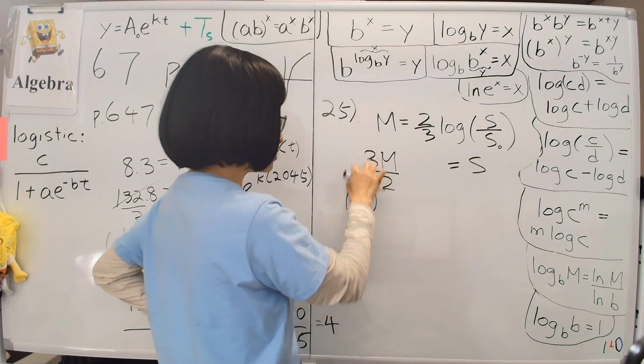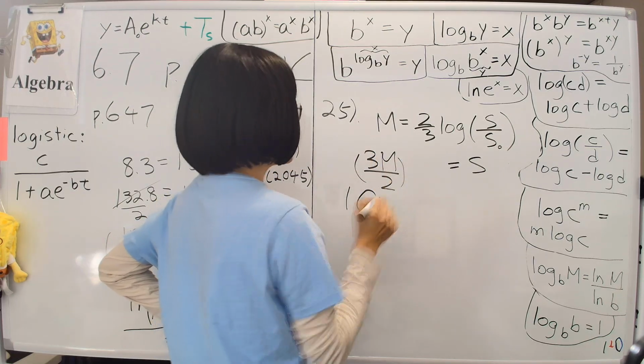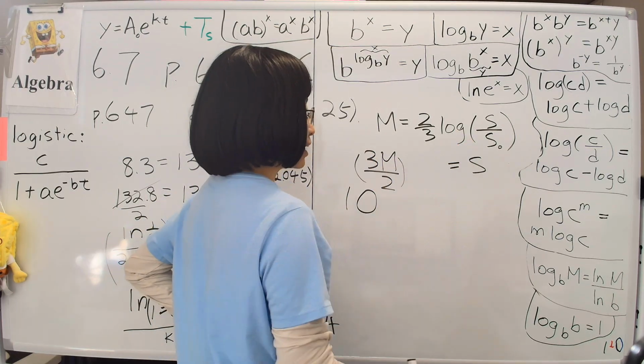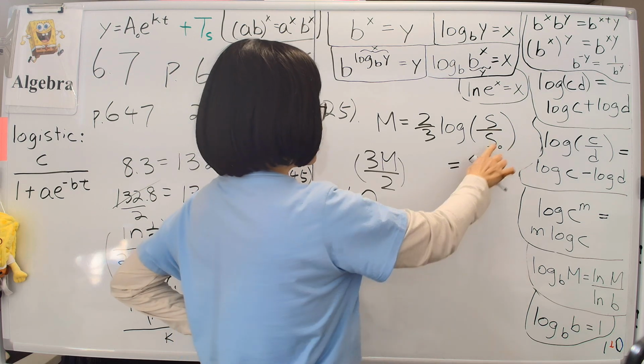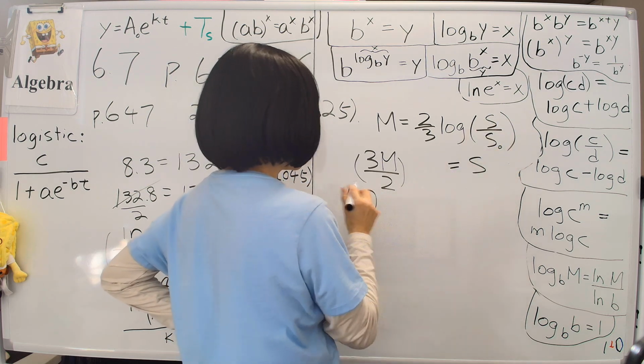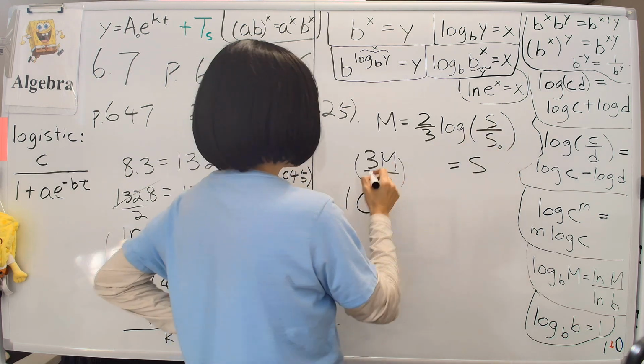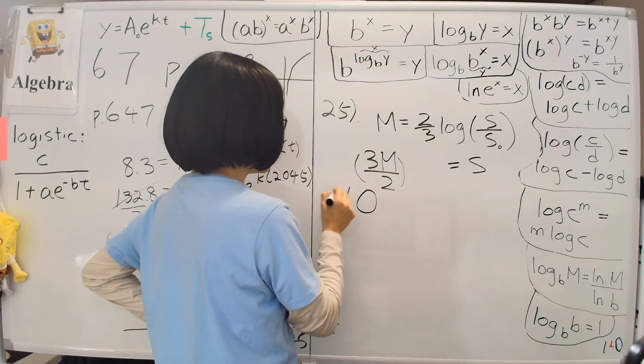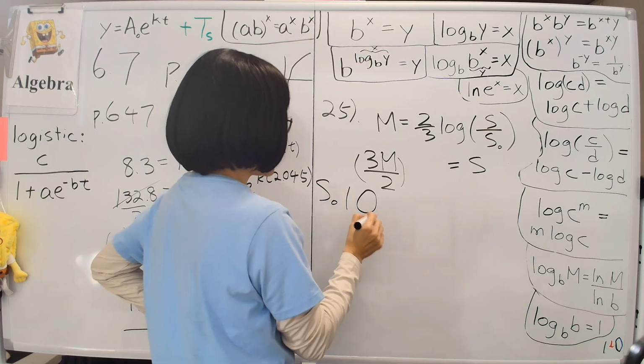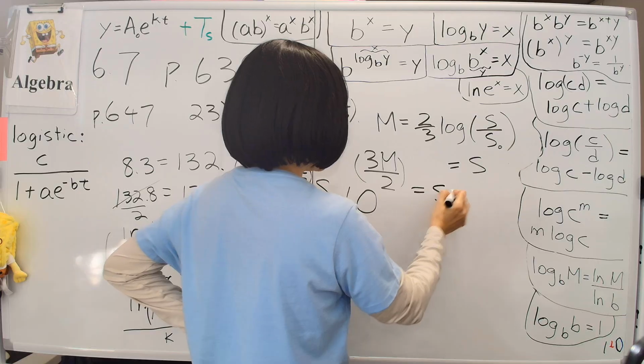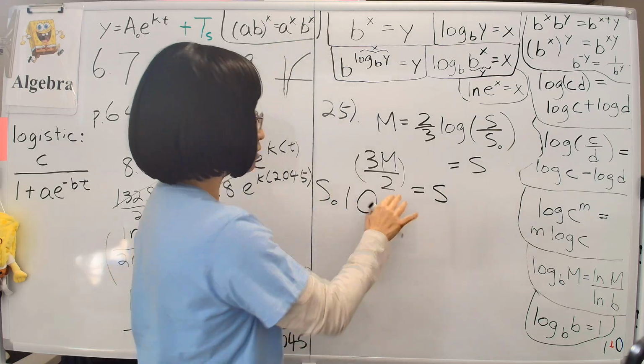So 10 to this power, I'll put it in parentheses. And so that got rid of the log. And finally, s is dividing by something, so we need to multiply. So this whole thing is multiplied by s0. And that equal to s is the formula we're shooting for.